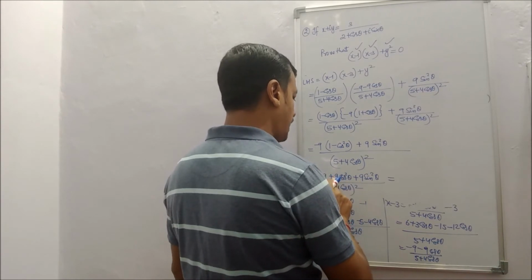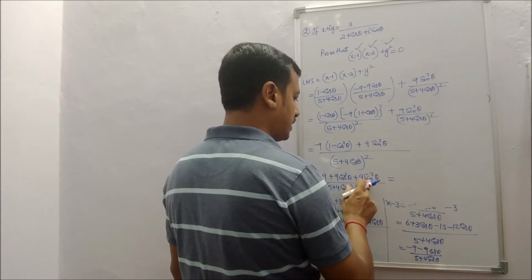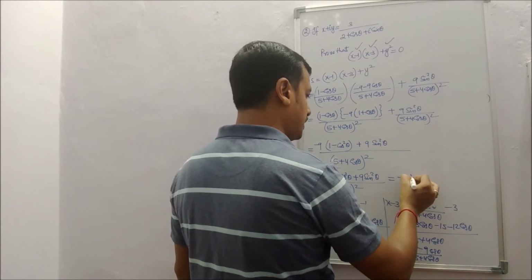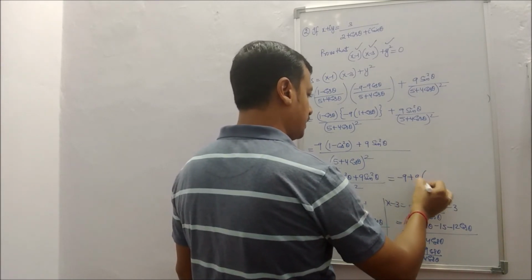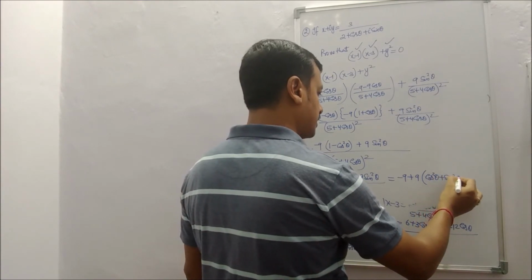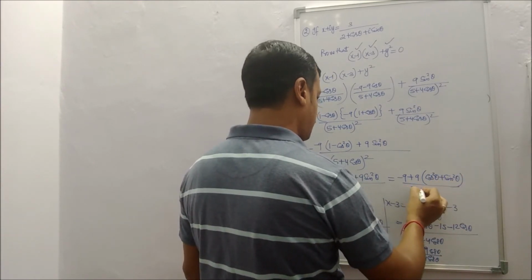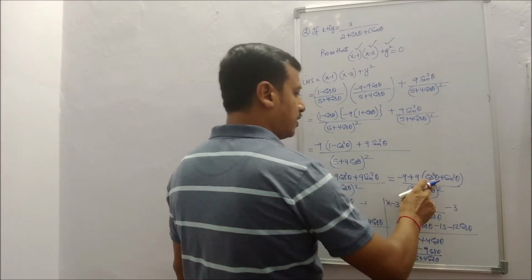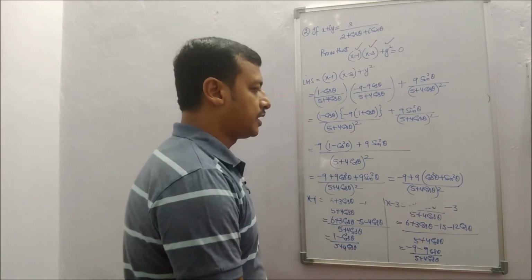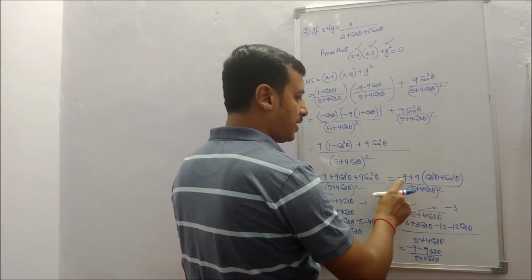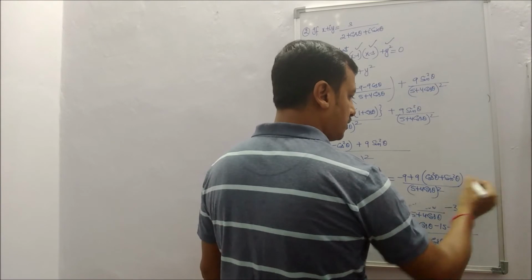So 9 cos square theta, 9 sin square theta, so minus 9 plus 9 common (cos square theta plus sin square theta) divided by (5 plus 4 cos theta) square. Cos square theta plus sin square theta is equal to 1, so it is 9 into 1 is equal to 9. 9 minus 9 is equal to 0.